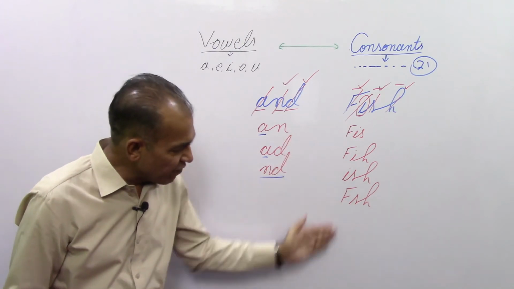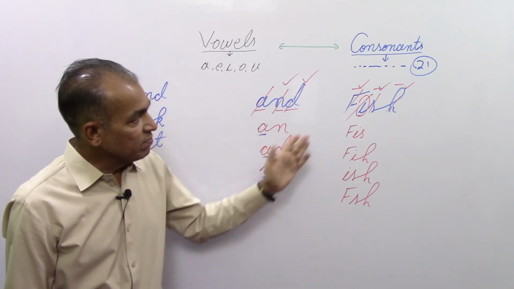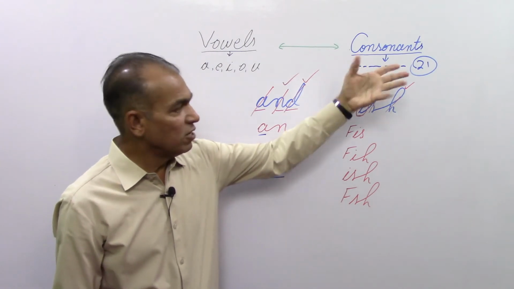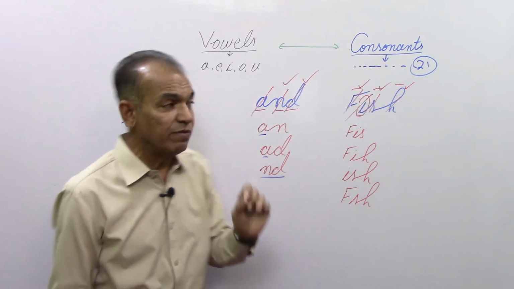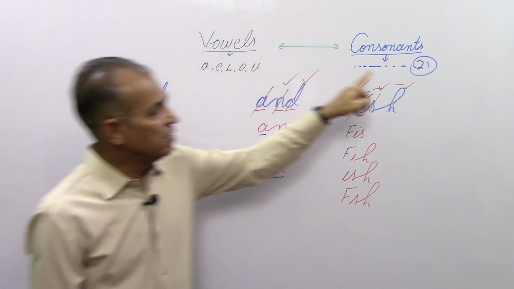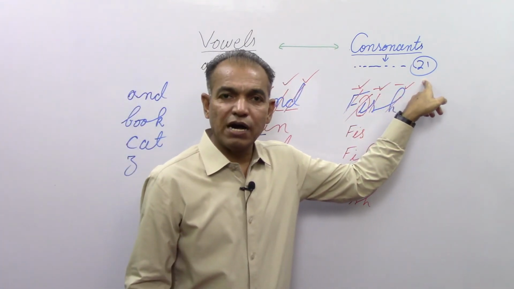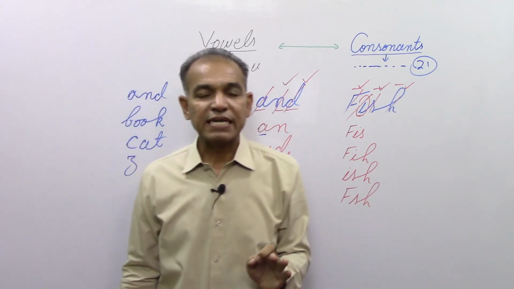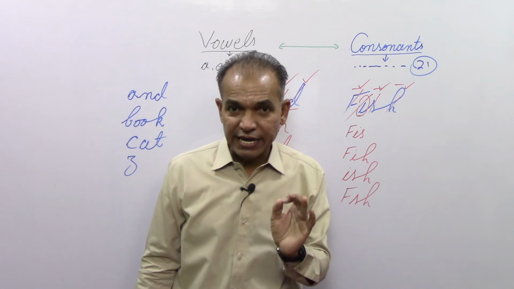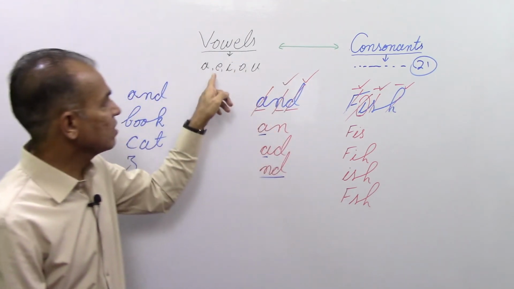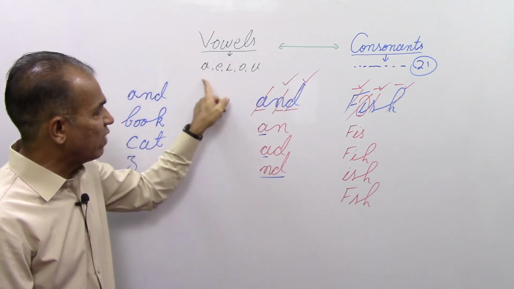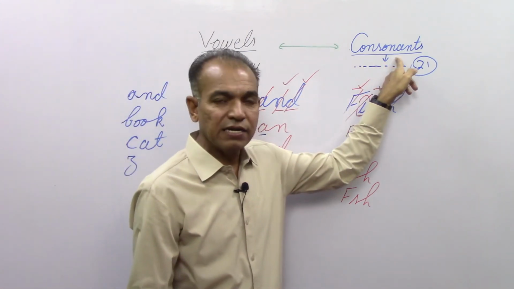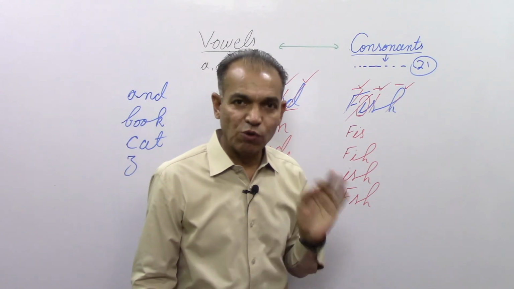What we have learned from these examples is that if consonants do not have the help of even a single vowel, all these 21 consonants are unable to make even a single word and to produce any collective sound. They require the help of vowels. Vowels are these 5 letters which help these consonants to produce some sound.